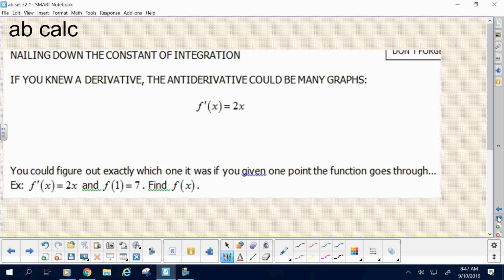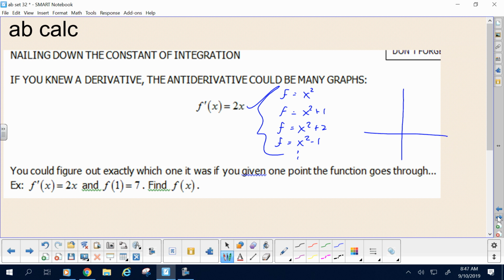As we said, given a derivative, I could think the original graph could be lots of things. So, for example, f could be x squared, could be x squared plus 1, could be x squared plus 2, could be x squared minus 1, could be lots of different things, yeah?